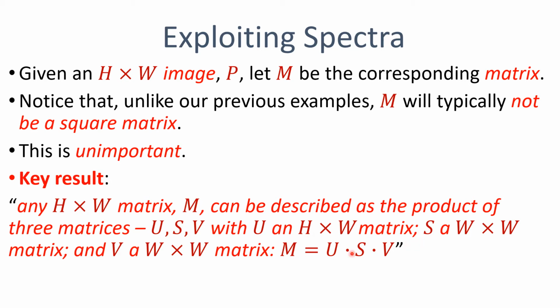The second and the third are square matrices, and their dimensions are the width of our original image, the number of columns in our matrix. And the key property we need is that we can recover our original matrix by multiplying the first by the second by the third of the 3 matrices we've formed.